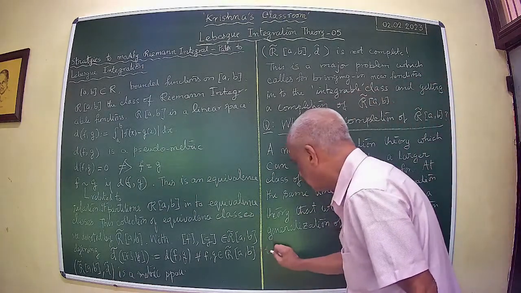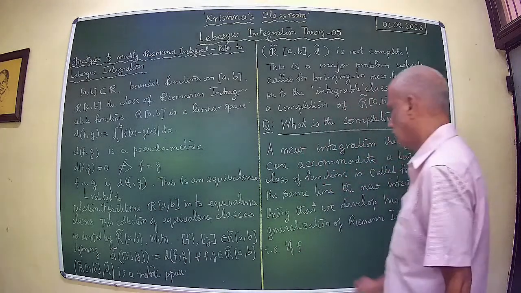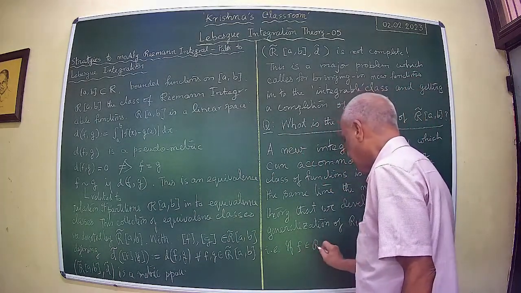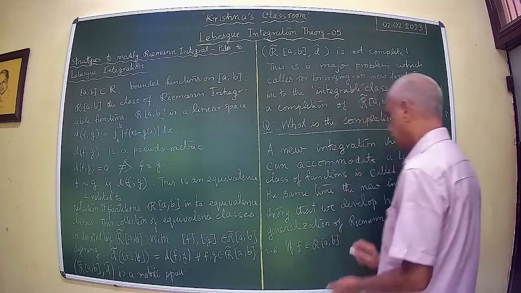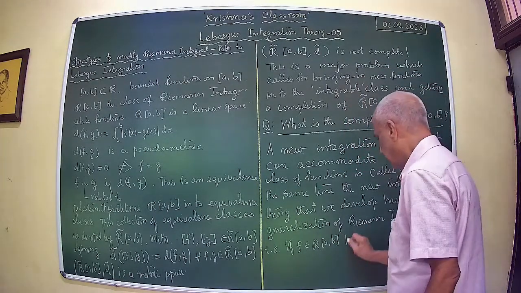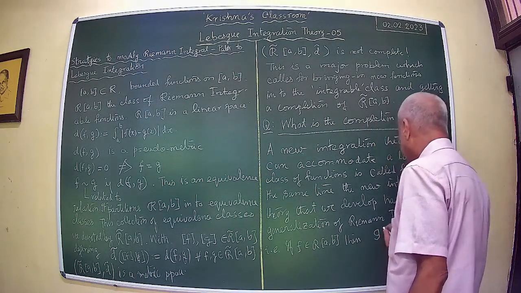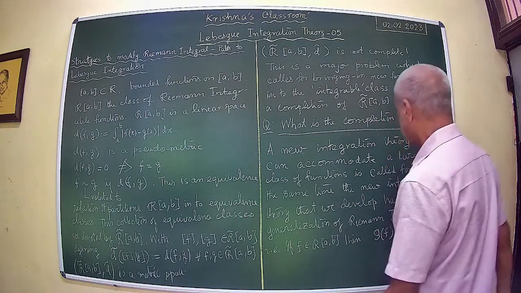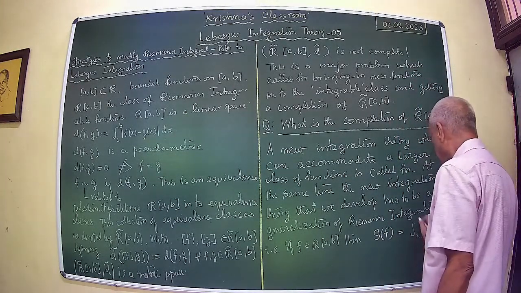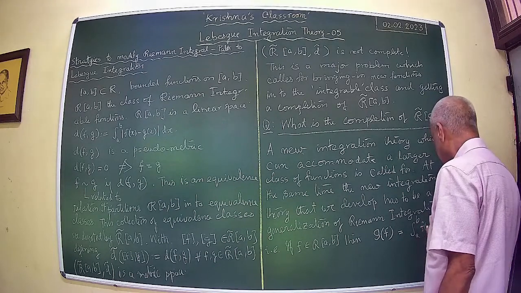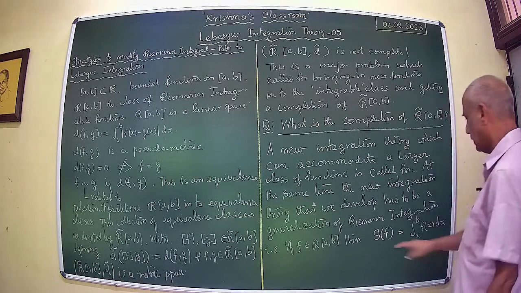That is, if f belongs to R[a,b], then I(f) should be equal to the integral from a to b, whereas this is the Riemann integration.